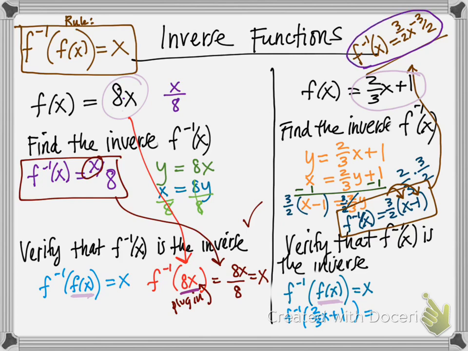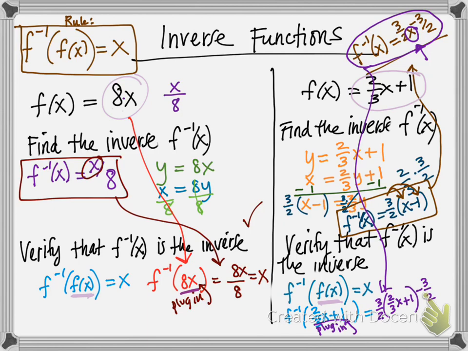So using that function, wherever there's an x, we're going to plug in this entire expression, 2/3 x plus 1. So I would have 3/2 times 2/3 x plus 1, and then minus 3/2. So again, all I did was replace this x with 2/3 x plus 1.